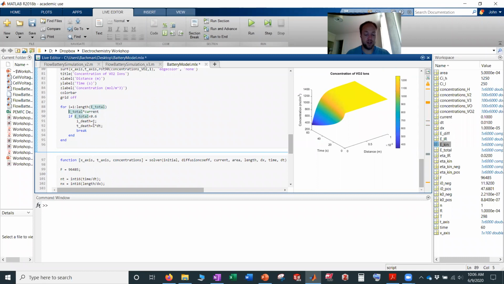So we're going to say energy is going to be equal to E total times the current times the time step dt plus energy at I minus 1. Or we could say I plus 1. I guess that's okay. Energy at I plus 1.